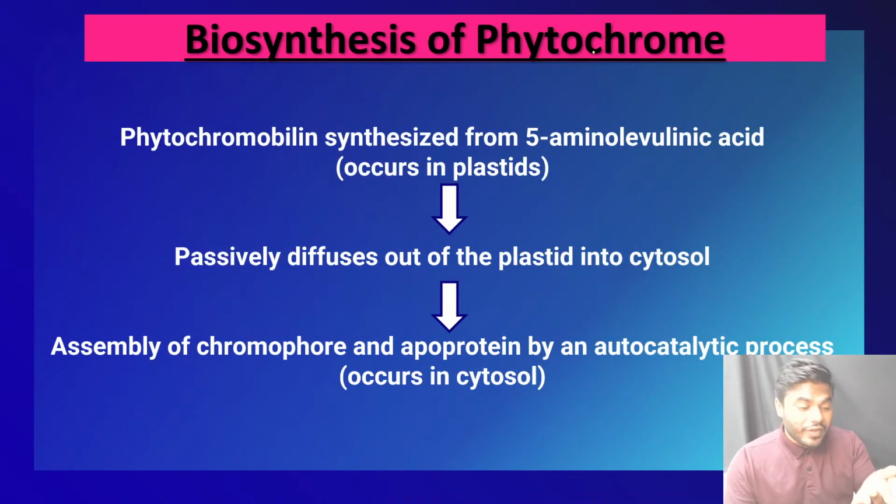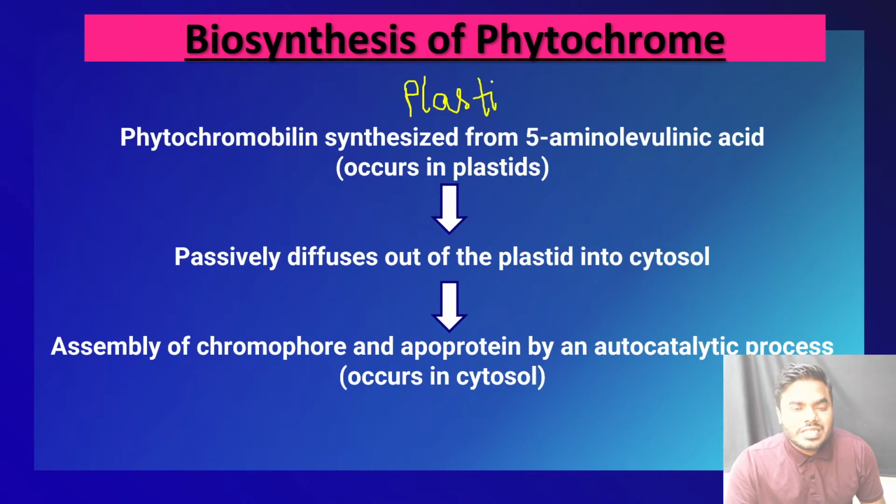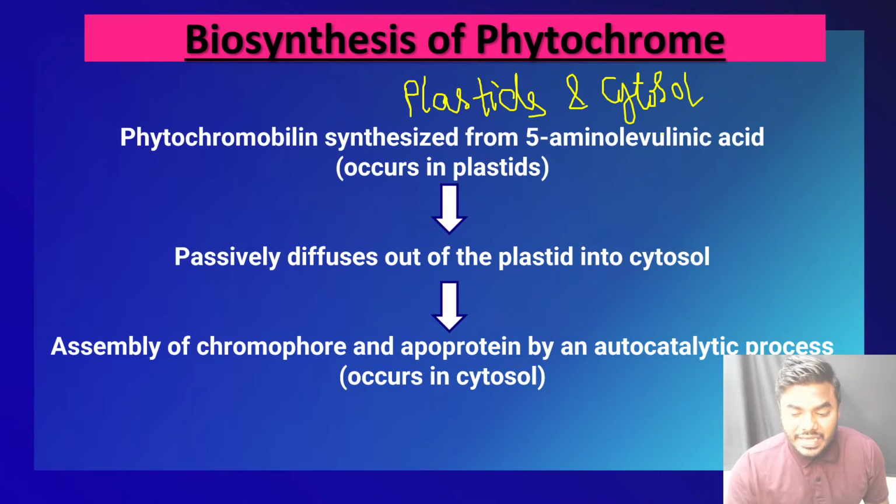So how is phytochrome synthesized? First of all, they can ask a simple question: which of the following organelles are involved in the biosynthesis of phytochrome? Every student listen, friends, there are two major organelles involved. One is the plastids and the other is the cytosol. Plastids and cytosol, these two are the regions where phytochrome is synthesized.